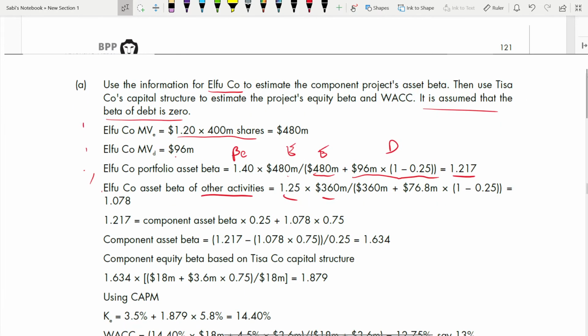Of 480. Find 75% of 480. It is 360. Right, and 80% of debt is for other activities. That means out of that 96, 80% is for other activities. This is 76.8, right? Hence the rest, and you will be getting 1.078.